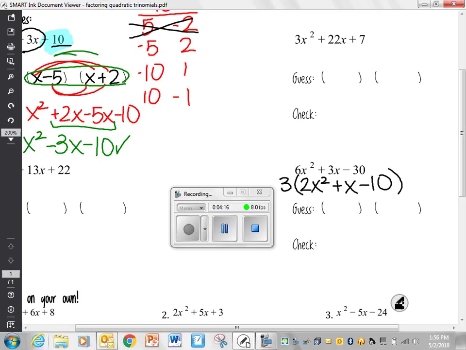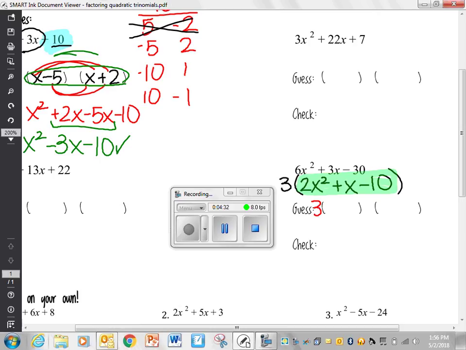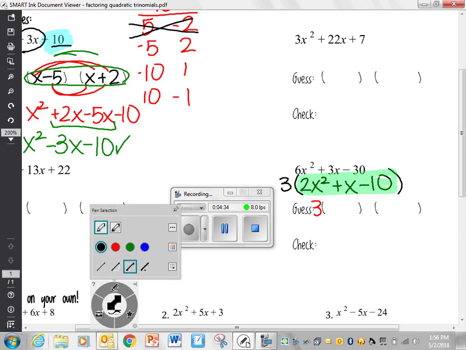Once I get to this step, ultimately what I am doing is now I'm going to factor the remaining polynomial, what I just highlighted in green. The 3 is just going to go outside and kind of come along for a ride. It'll be a part of your final answer. So I'm going to follow the same process like I did before. I need to figure out two numbers that multiply to 2x squared, and I'm going to put them in my first slot.